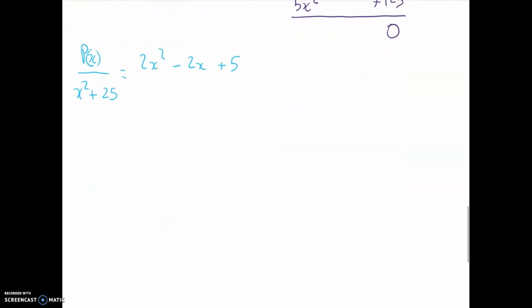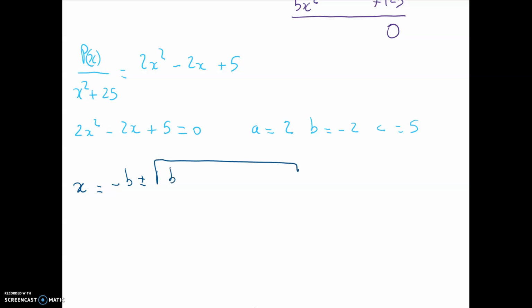And to find the other two zeros of my polynomial, I will just use the quadratic formula to solve the quadratic equation 2x squared minus 2x plus 5 equals 0. A being equal to 2, b being equal to negative 2, and c being equal to plus 5, I end up with the quadratic formula: x equals negative b plus or minus the square root of b squared minus 4 times a times c, divided by 2a, equal to x equals negative (negative 2).